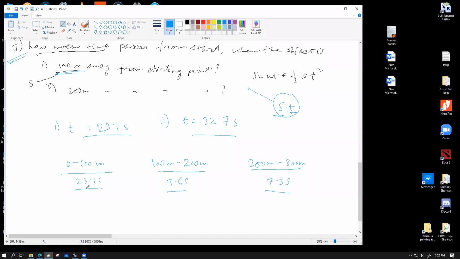It takes 23.1 seconds to cover 100 meters from the start. Sir, is this the acceleration formula? No, not acceleration, I just subtracted and showed the values. For the first 100 meter distance it required 23.1 seconds. If I show it visually, suppose this is my total 300 meters, this is the 100 meter mark, this is the 200 meter mark. 0, 100 meter, 200 meter, 300 meter, okay? What I'm trying to show is that from here to here it takes 23.1 seconds, from here to here it takes 9.6 seconds, and from here to here it takes 7.3 seconds. That's what I'm trying to show you.